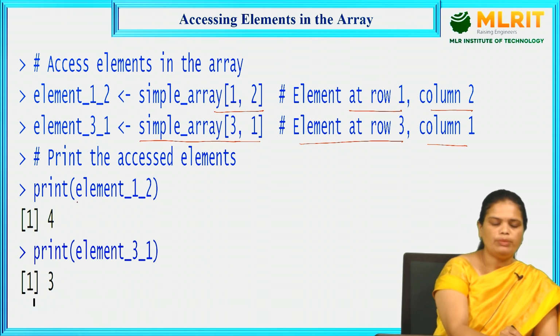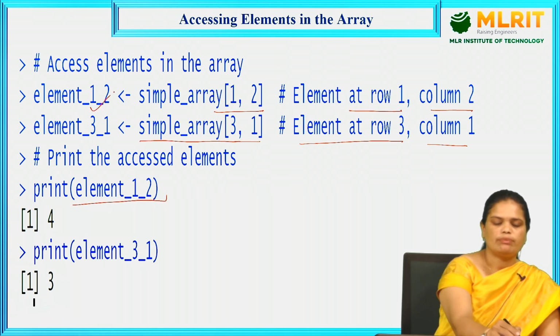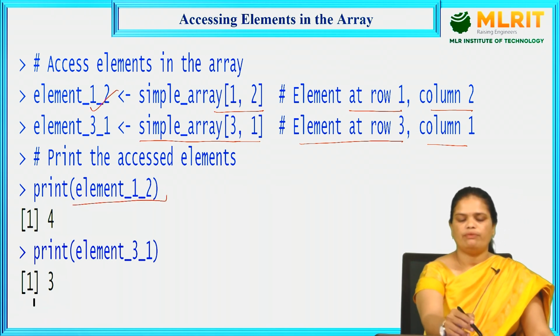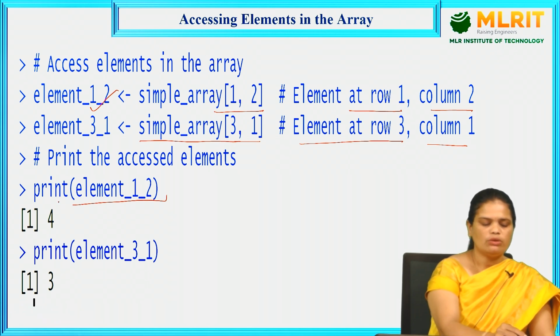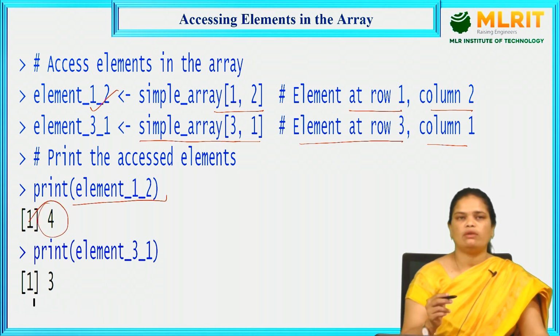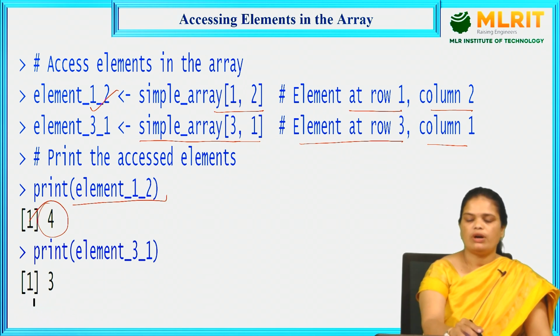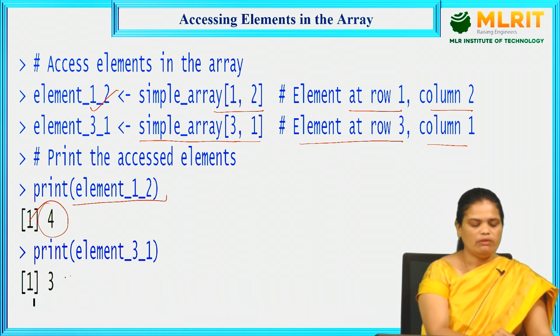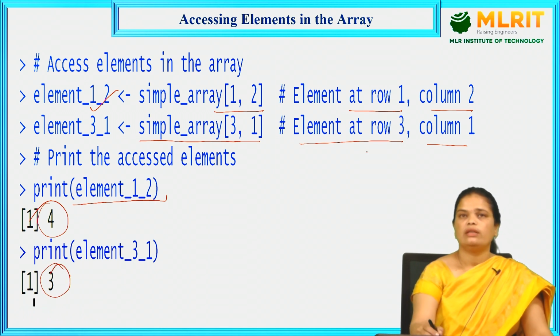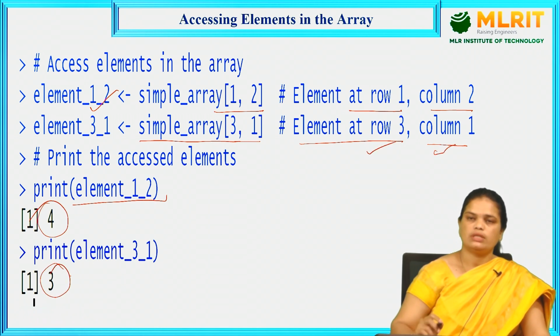Now I am trying to print array of index value 1, 2. It will display the value stored at the first row and the second column. And here it will display the value stored at the third row and the first column.